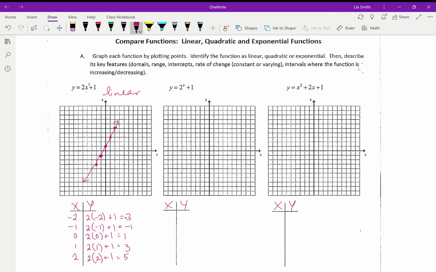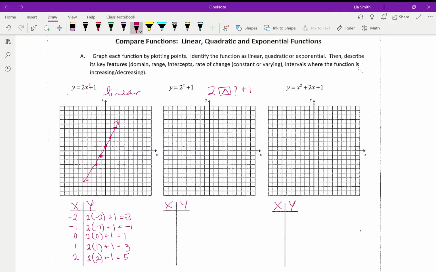Now we're going to do the same thing with the exponential function. You are absolutely going to need a calculator for this one. If you don't have a calculator, you can use the Google search engine and type it in like this: you type 2, then hold down Shift 6 to get the caret key, then put in whatever value we're plugging in, and then add 1 to it.